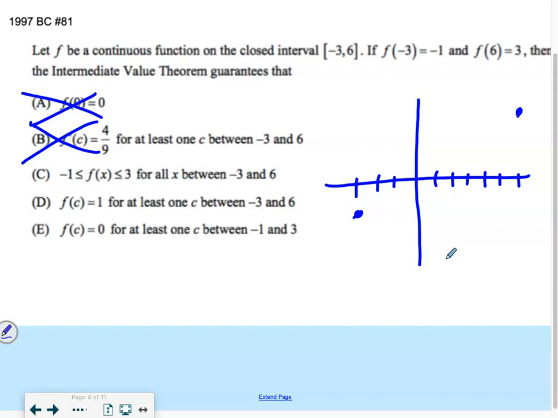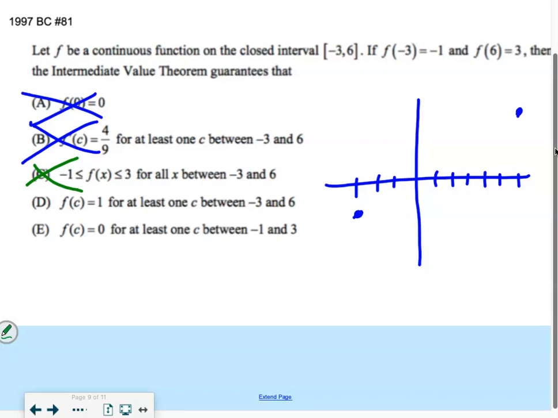Or can I go outside of them? I go outside of them, right? It's guaranteed. I don't have to stay in between the whole way. I could, but I don't have to, right? This guy is out. We're down to D and E.